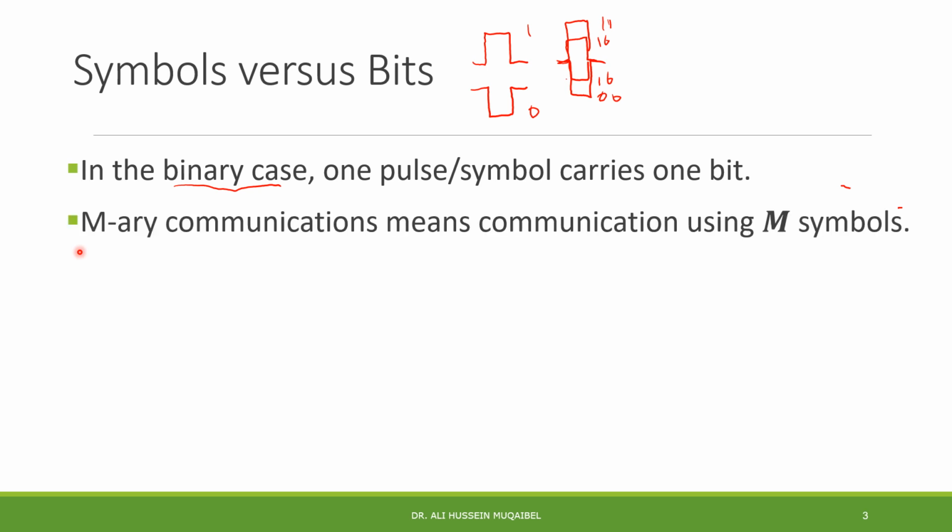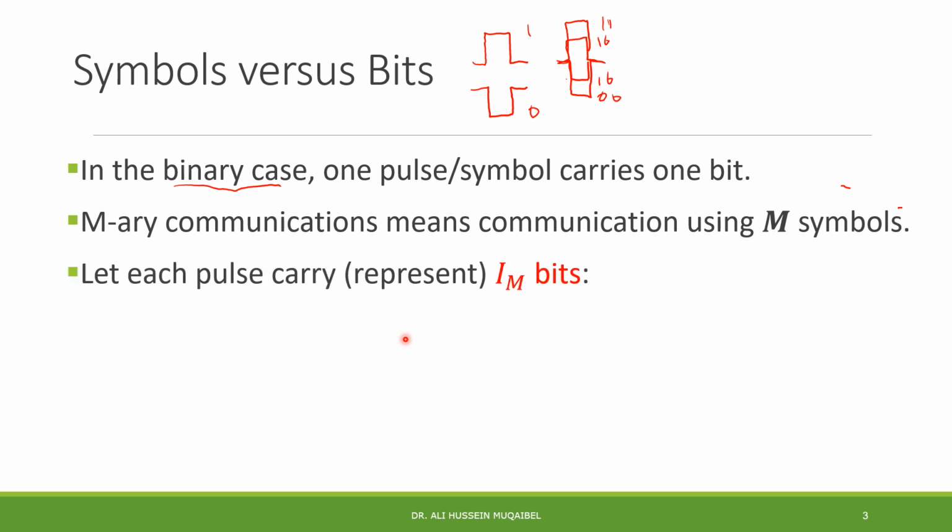Now we can do better than this. In M-ary communication, we are going to communicate not with 2 but with M number of symbols. Like, for example, in the English or Arabic language, which have 26 letters or 28 letters, these are the symbols. In that case, if we have more than 2, it's called M-ary, and the relation between the number of bits and the number of symbols is this. Capital M is the number of symbols.